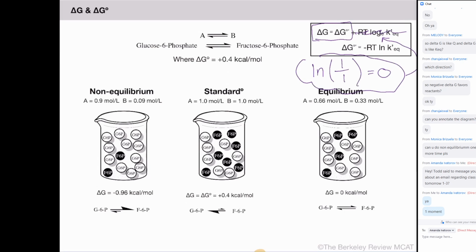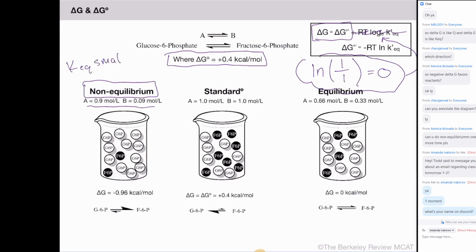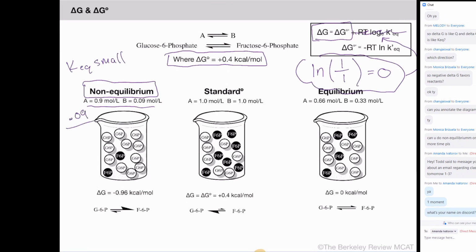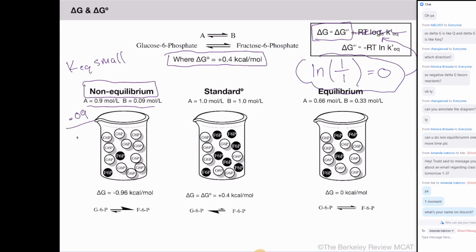Okay, let's go over the non-equilibrium one more time. It's given that delta G naught is positive, but we're in non-equilibrium, and you'll notice here that the KEQ is very small. You have products 0.09 over the reactants 0.9.